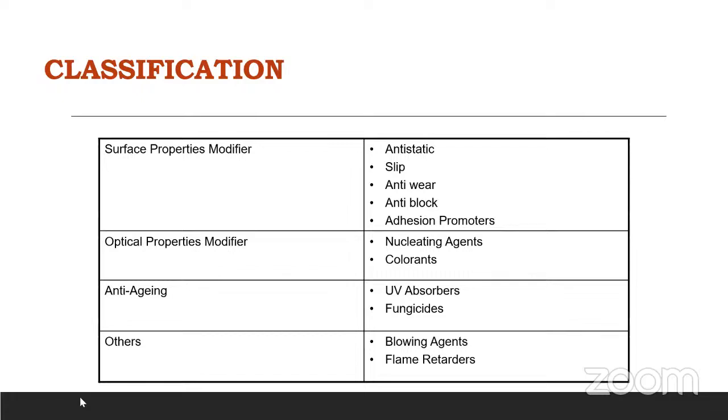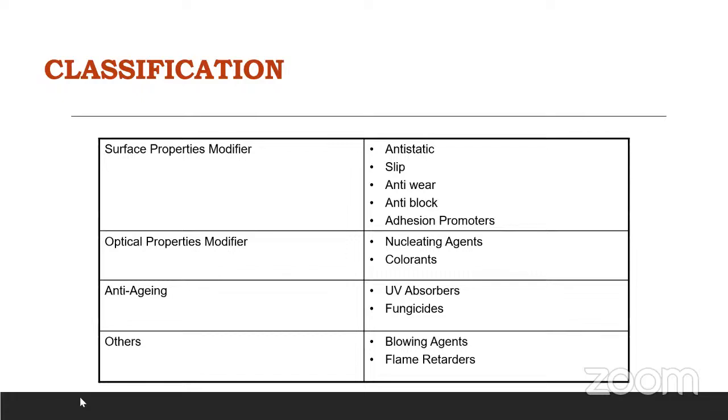Then there are miscellaneous additives, like blowing agents, which we have discussed in the case of polyurethane foam. In polyurethane foam, you have different blowing agents. Apart from polyurethane, you have different polymers like polyolefins, polyethylene or polypropylene. In that case, you use different blowing agents like azodicarbonamide or sulfone based blowing agents.